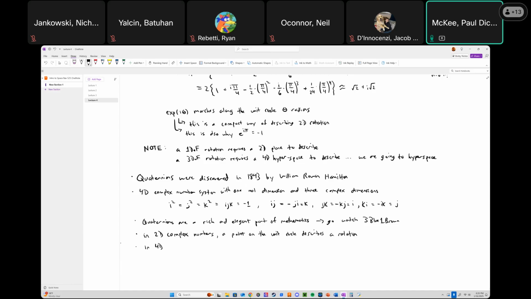In 4D complex numbers, a point on the unit hypersphere describes a rotation.